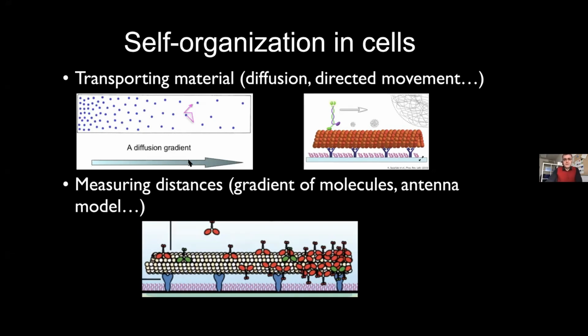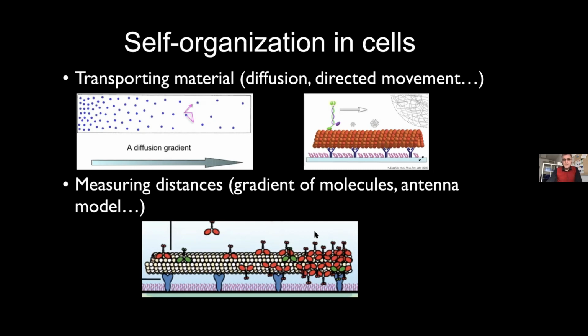The other way to measure distances is to have a gradient of some molecules along filaments. So if you want to measure just what happens along the filaments, not in the entire volume, for instance locally how long this microtubule is, you can apply the so-called antenna model.